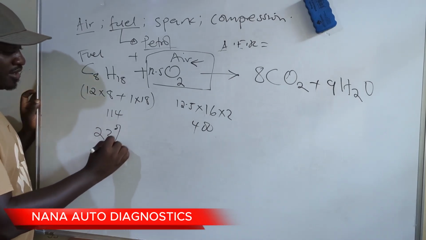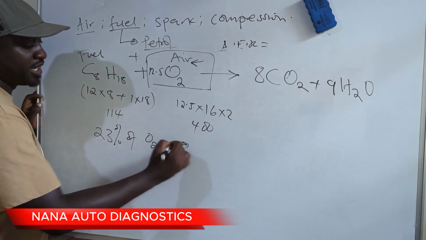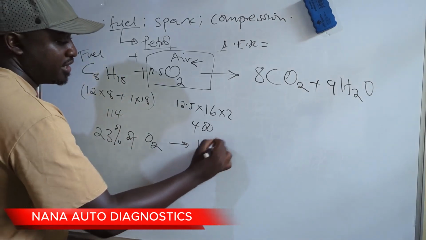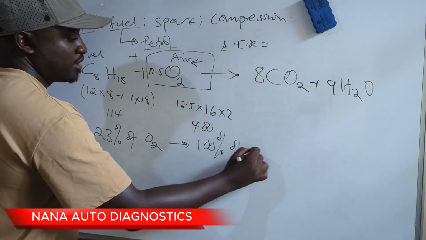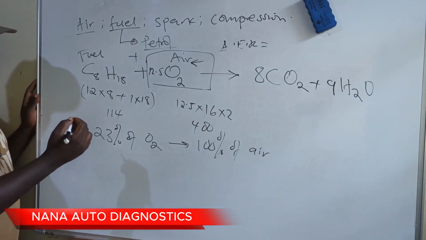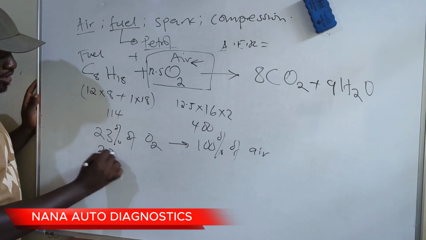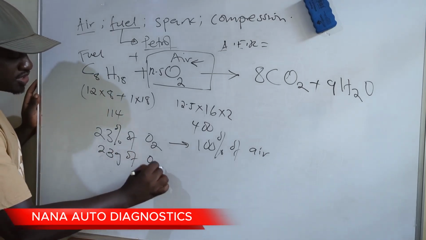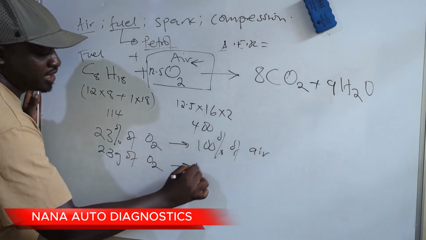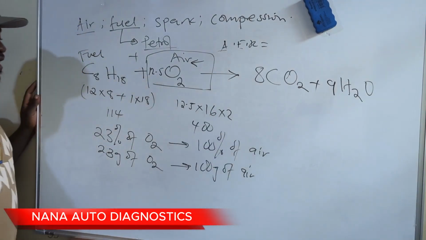Around 23% of oxygen is contained in 100% of air. So I would be safe to say 23 grams of oxygen are contained in 100 grams of air.